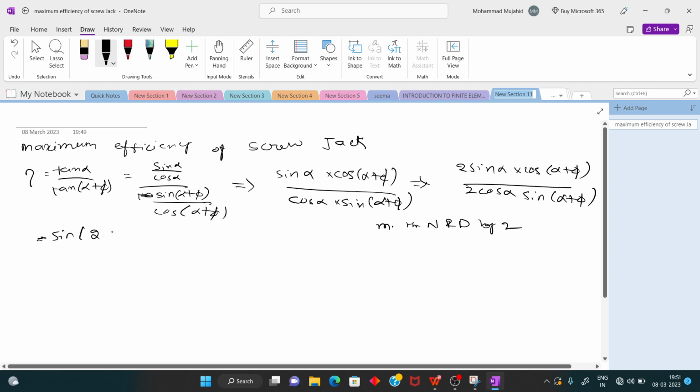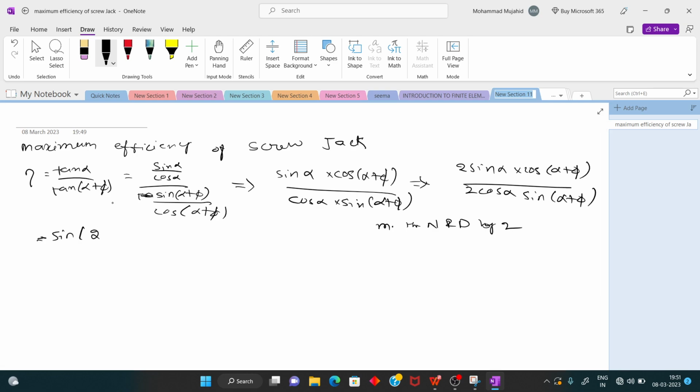As we know, 2 sine a cos b is equal to sine of a plus b plus sine of a minus b, and 2 cos a sine b is sine of a plus b minus sine of a minus b. From this we write sine of 2 alpha plus phi minus sine phi by sine of 2 alpha plus phi plus sine phi. So here the efficiency will be given by this equation.